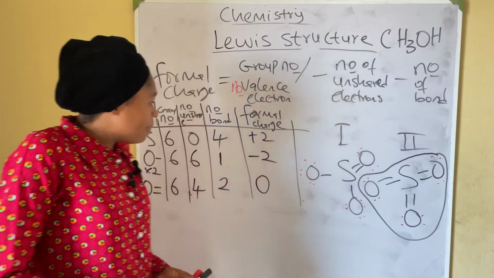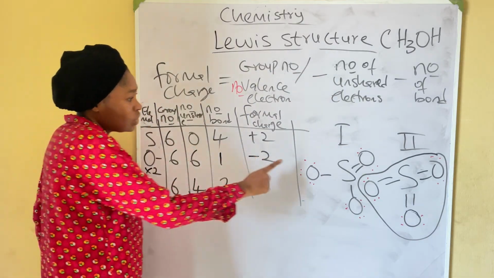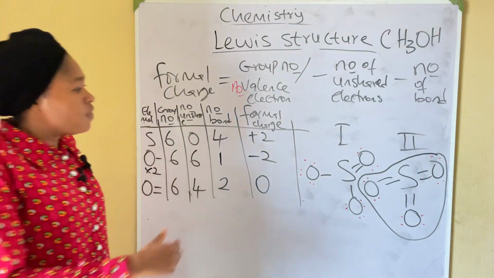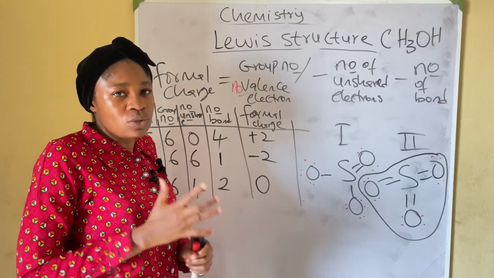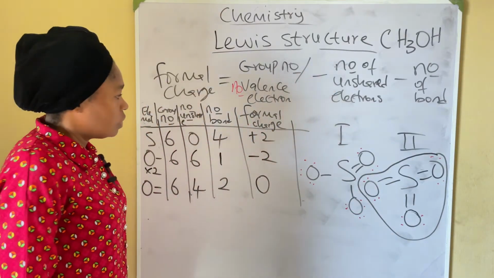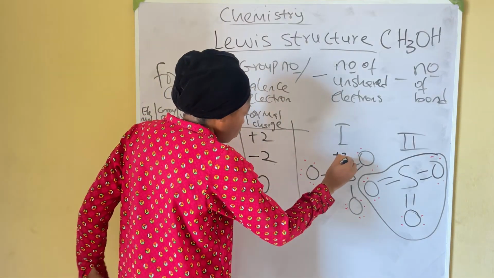Okay, but let's look at this. This central atom is having +2. The structure that gives you the formal charge with the lowest number, being 0, is the most stable structure. Okay, let's draw this structure. So this one has a charge of +2.